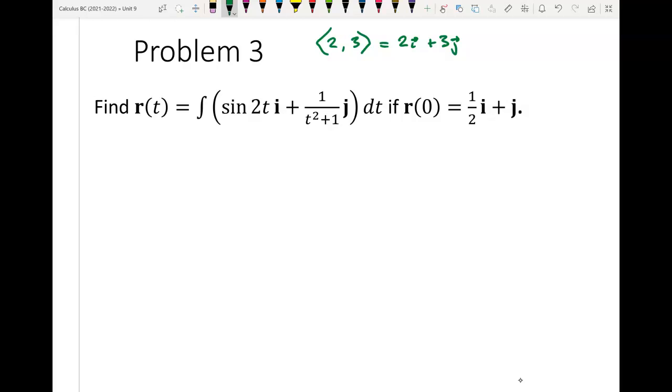It would just be sine of 2t, comma, this part there, and then over here it would just be 1/2, comma, 1. And if you wanted to write it in vector component notation, you could definitely do that.